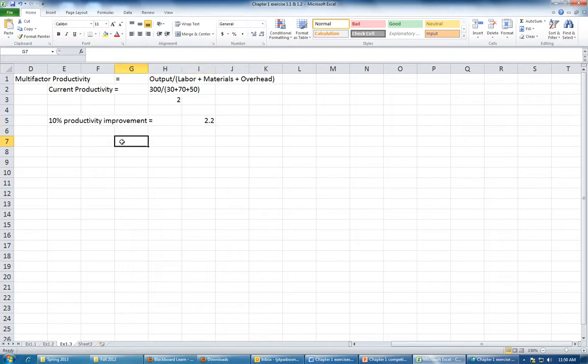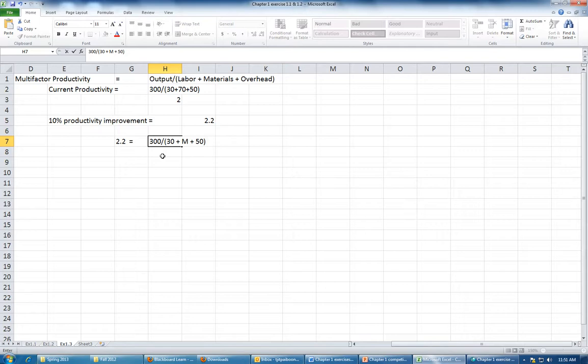We're going to set up 2.2 equals, on the right side, 300, which is the output, divided by, in parentheses, 30 plus M, to represent the material that we are going to find and change, plus the 50.